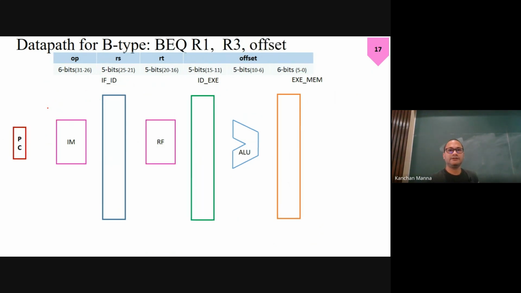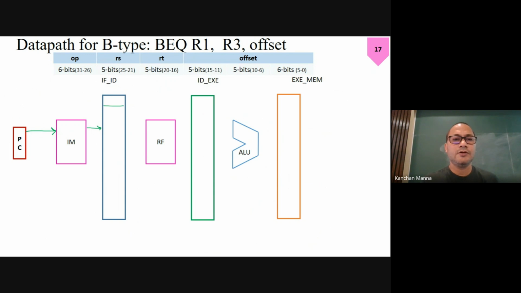So now, let's say we want to draw the data path for a branch type instruction. Tell me the way. First we want to fetch the instruction. Then the instruction would be available here.